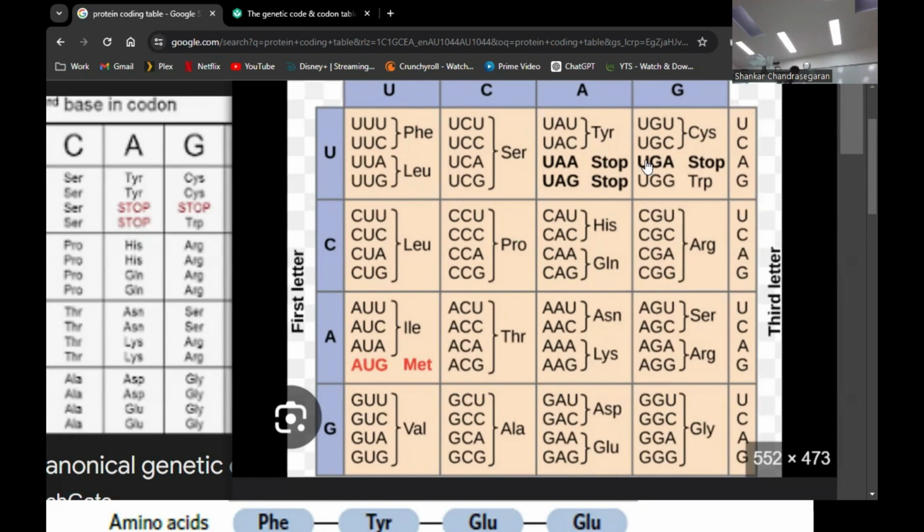When the ribosome is reading the codons and coding for it using the tRNA, when it reads a stop codon, it will terminate the translation, ending the amino acid sequence. That is what a stop codon is.